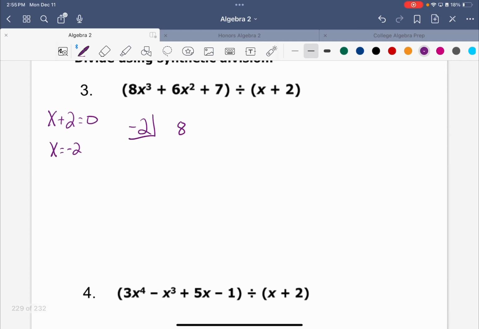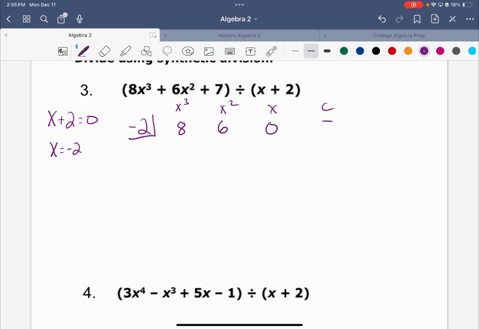Right, so I start out with 8x to the 3rd. That means I have to have x squared, x, and a constant. All of those things have to be filled in. I've got 6x squared. I don't have an x. So because I don't have an x, I still need something to fill its spot, and we're going to fill its spot with a 0. Because 0 times x is just 0, so I really haven't added anything in there.